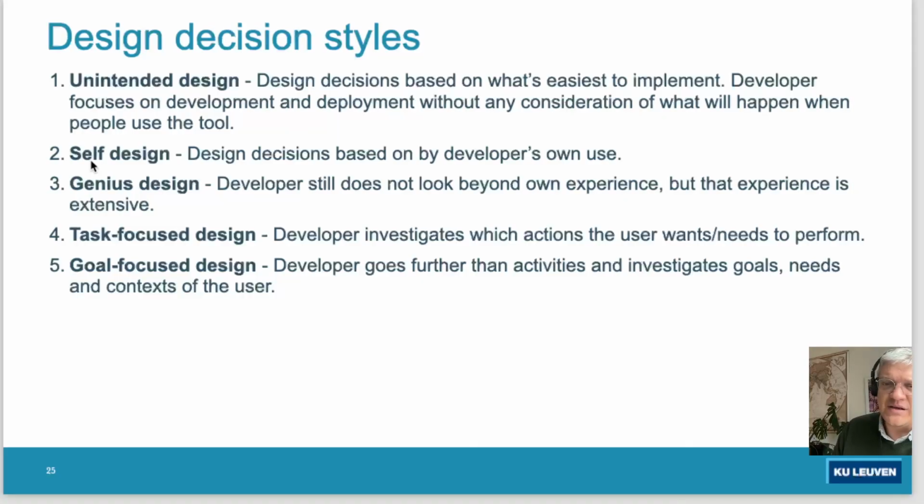Self-design is where you do know a lot of different methods. For example, in data analysis and machine learning, you know different ways of clustering data, but you have no idea about the domain. Let's say, again, we're talking about genetics, but you have no knowledge about genetics whatsoever as a designer or as a data analyst.